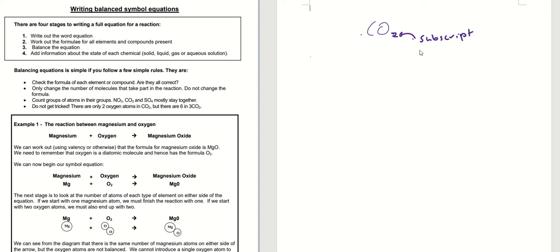If you recall, that tells us the number of atoms in the molecule. If we write it like so, 3 CO2, this 3 here tells us the number of the molecule.